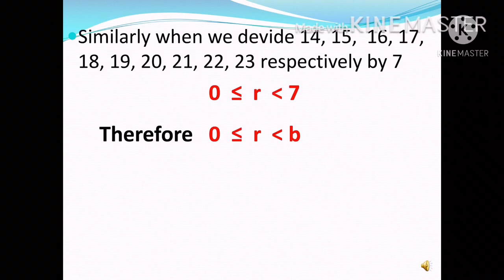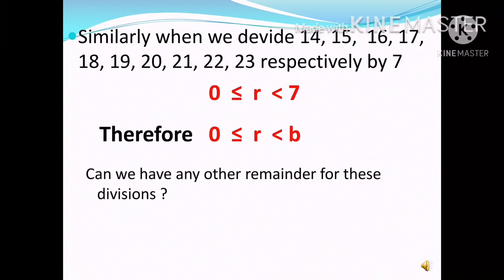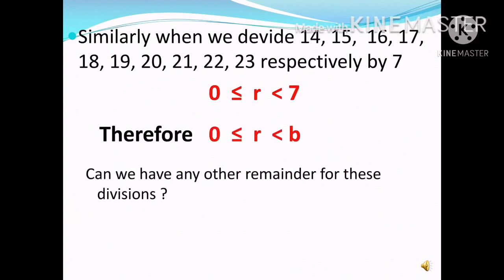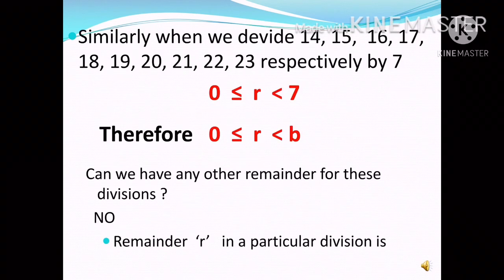Therefore, in general, the value of the remainder r can be 0 or greater than 0 but always less than the divisor b. Can we have any other remainder for a particular division? No. Therefore, the remainder r in a particular division is unique.